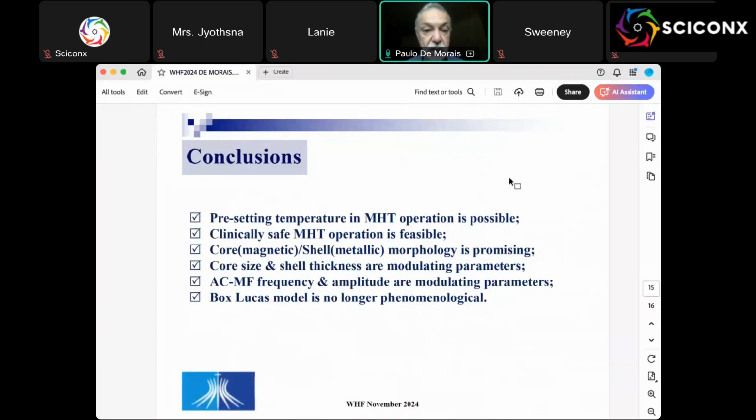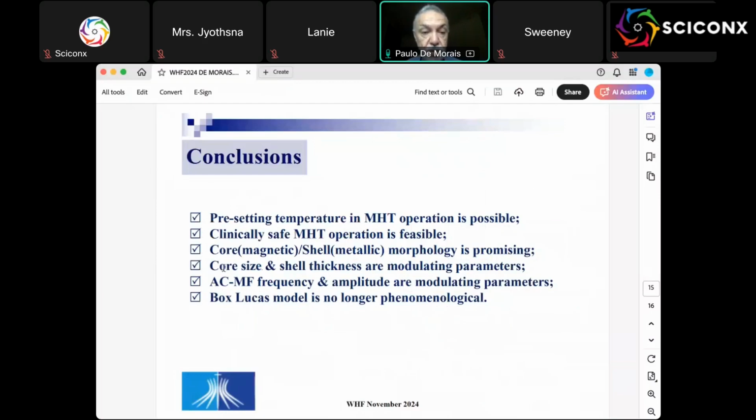Because of this, it is possible to operate magnetic hyperthermia safely in the clinic. And this is because of a play, in terms of material science, between the core characteristics and the shell characteristics in the morphology of magnetic nanoparticles, a very promising approach.